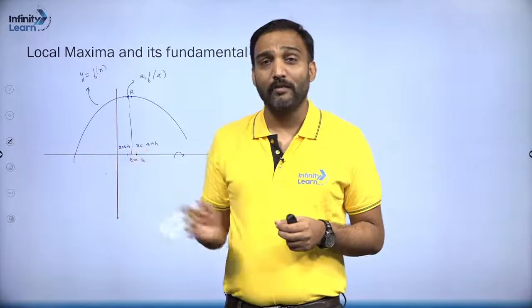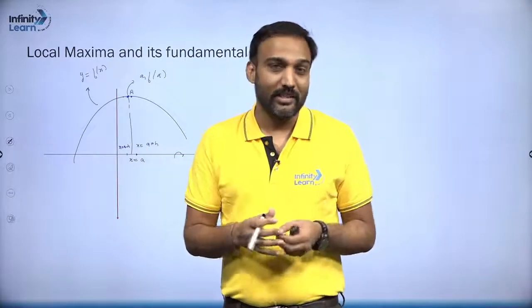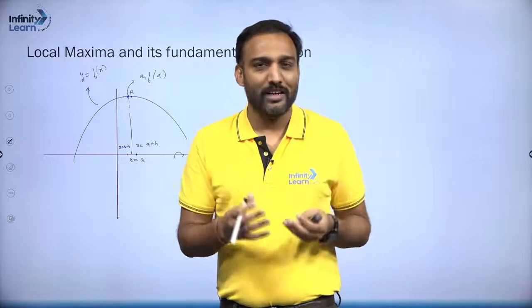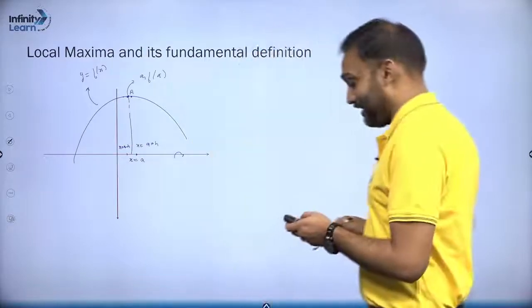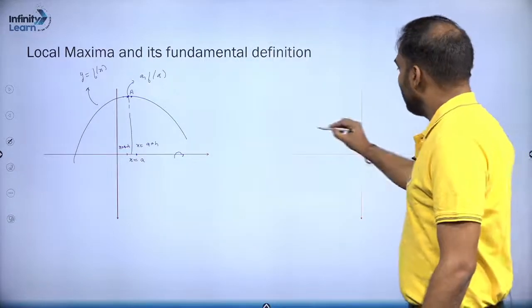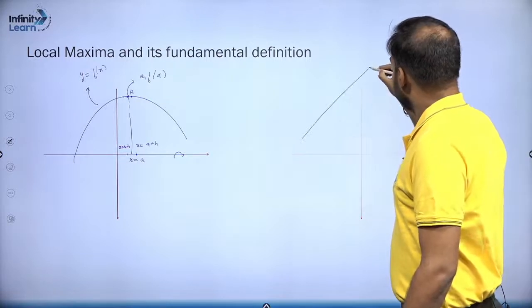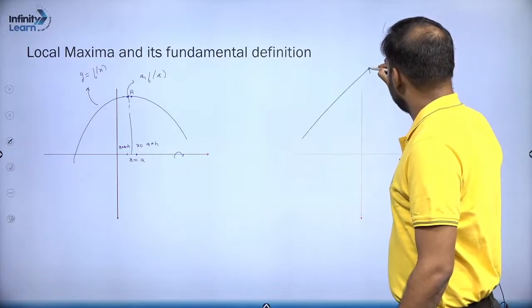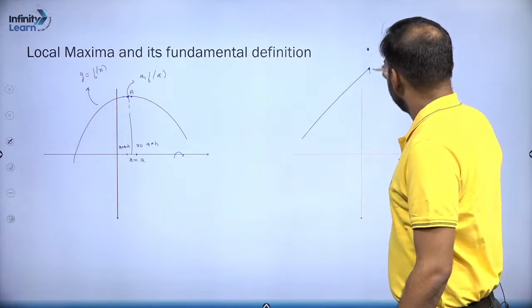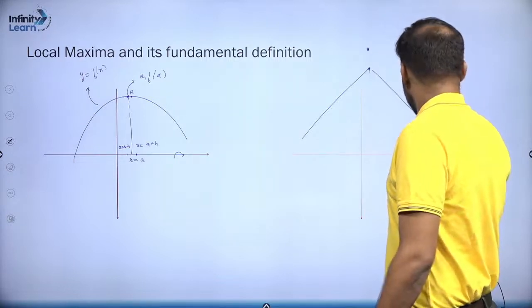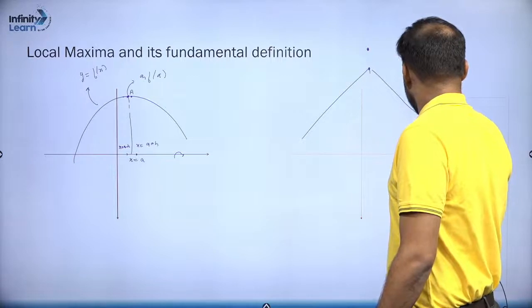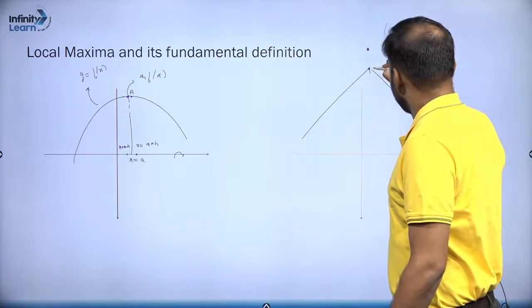Now over here I have drawn a continuous function. What will happen if I don't have a continuous function? Let us see in graph 2. Let's say this is how this graph is.